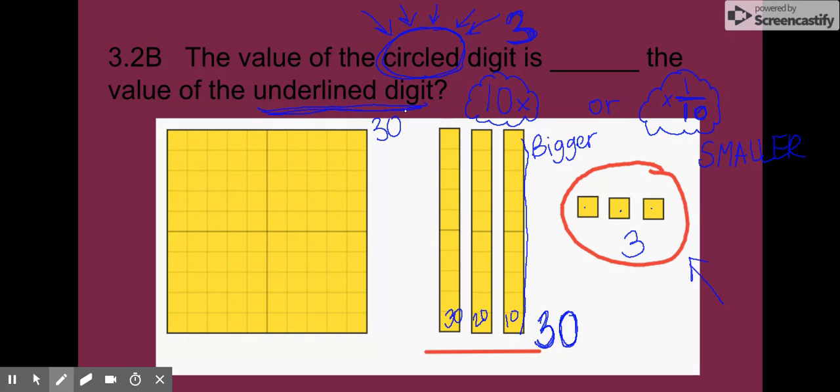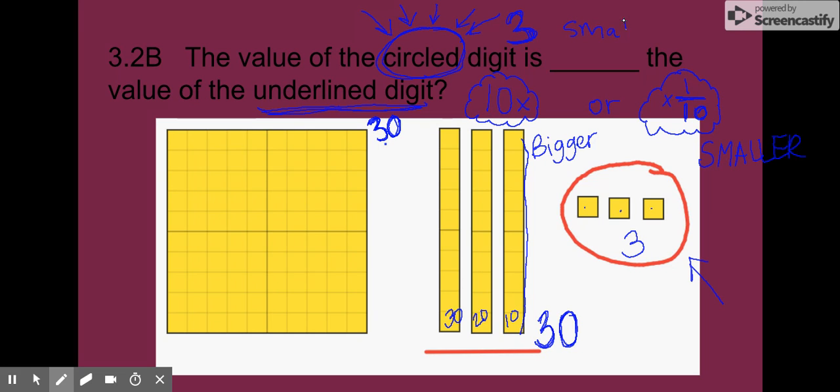What you've done for yourself in this strategy is you've now been able to take away the confusing circle, underline, all that, and you can just say in your brain, is 3 bigger or smaller than 30? You should know that 3 is smaller than 30.